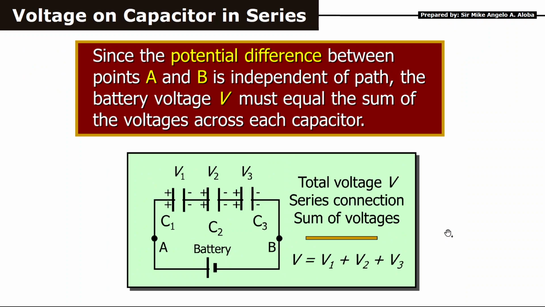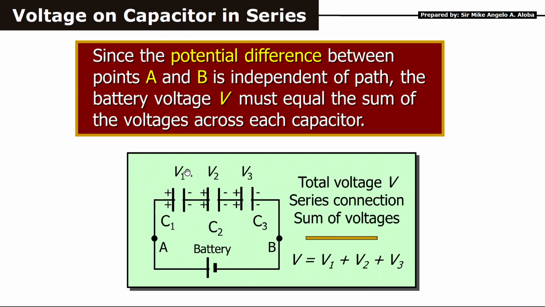How about the voltage on the capacitors in series? Since the potential difference between points A and B is independent of the path, the battery voltage V must equal the sum of the voltages across each capacitor. So here the voltages are not the same but are the sum of each other.